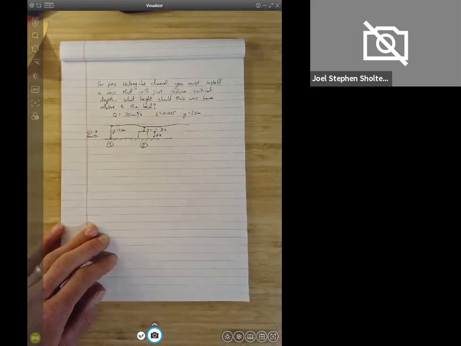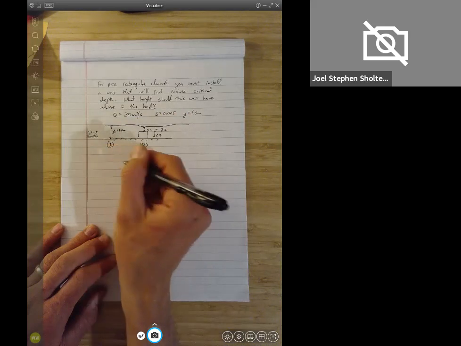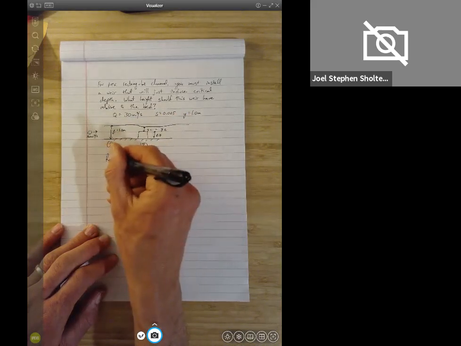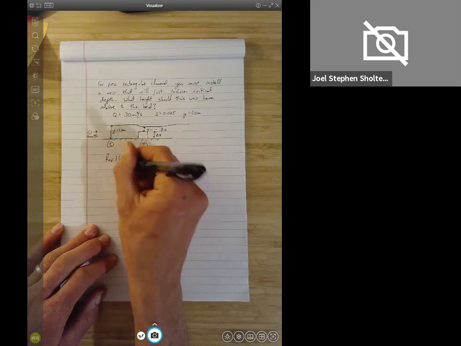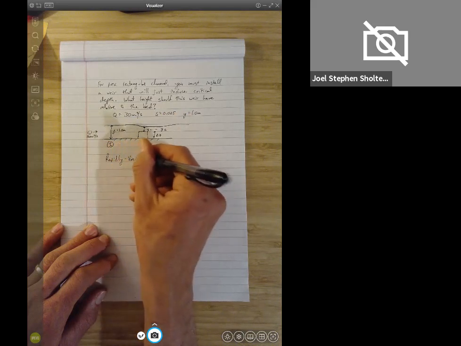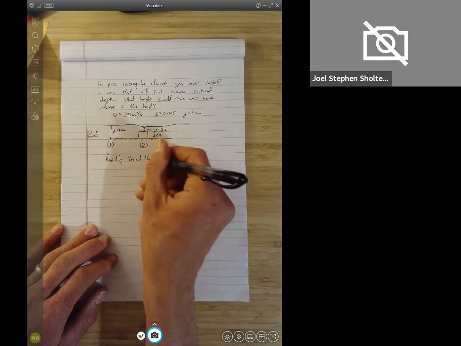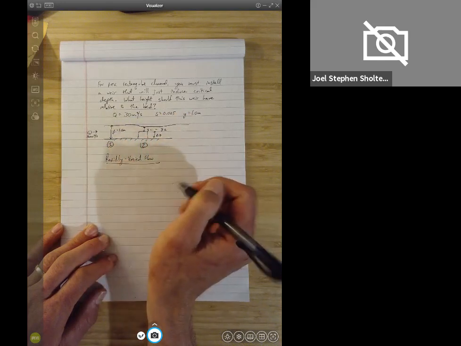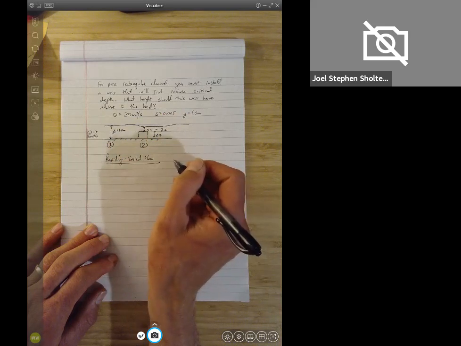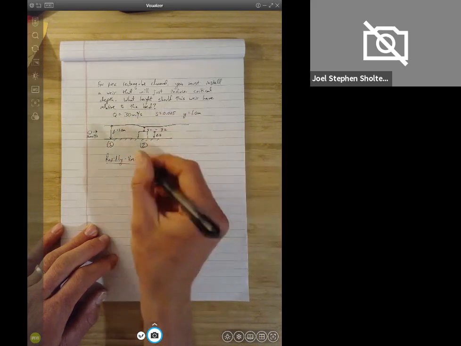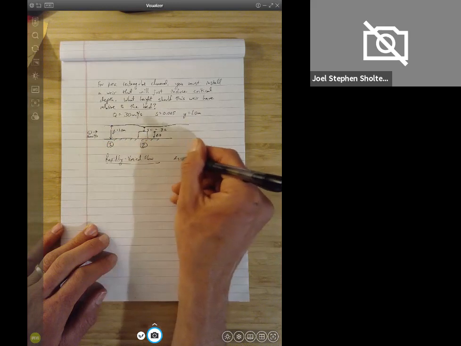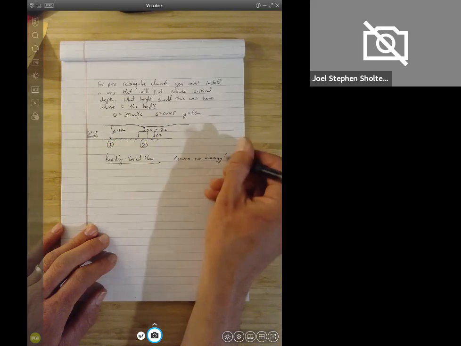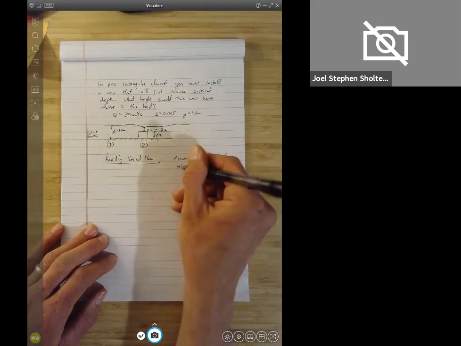Okay, so the first step here is that we're dealing with rapidly varied flow. So this is a rapidly varied flow situation. And we're going to assume that there's no energy lost here. Maybe that's going to be something stated in the problem. Between points 1 and 2.